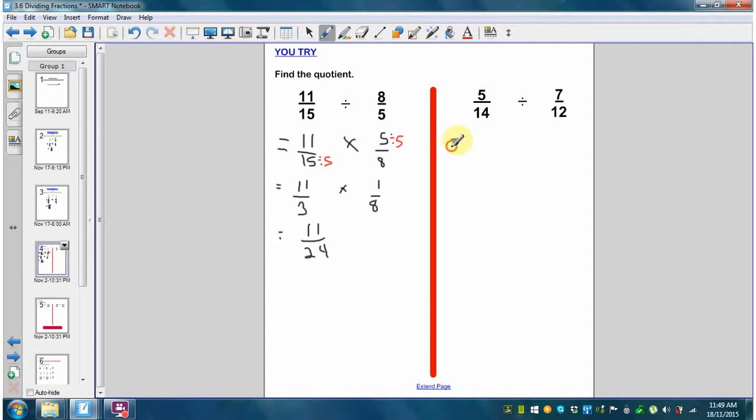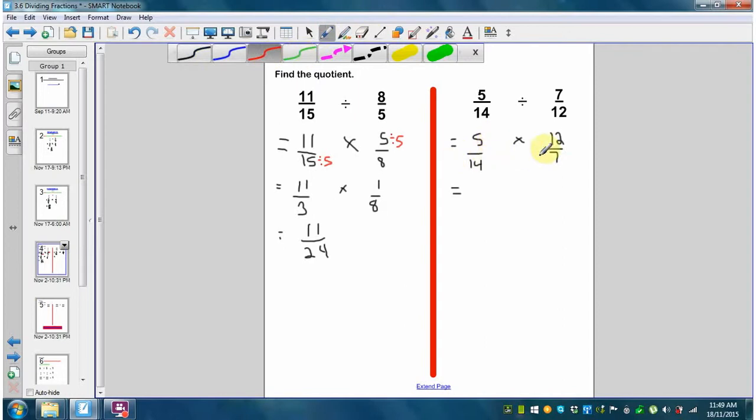Okay, the second one now. Again, keep, change, flip. Keep the first one, 5 over 14, change our division to multiplication, flip our second one. 7 over 12 becomes 12 over 7. Okay, I see some kind of larger numbers here, so I'm going to simplify.